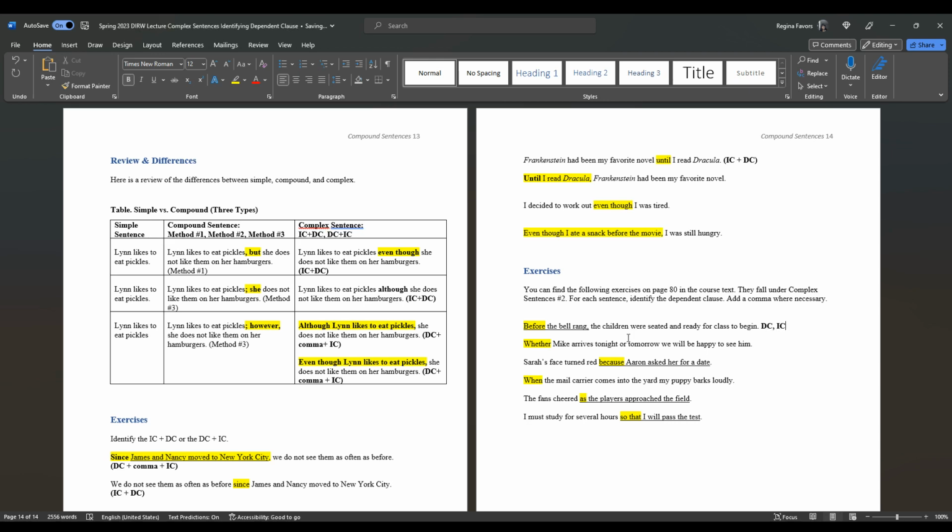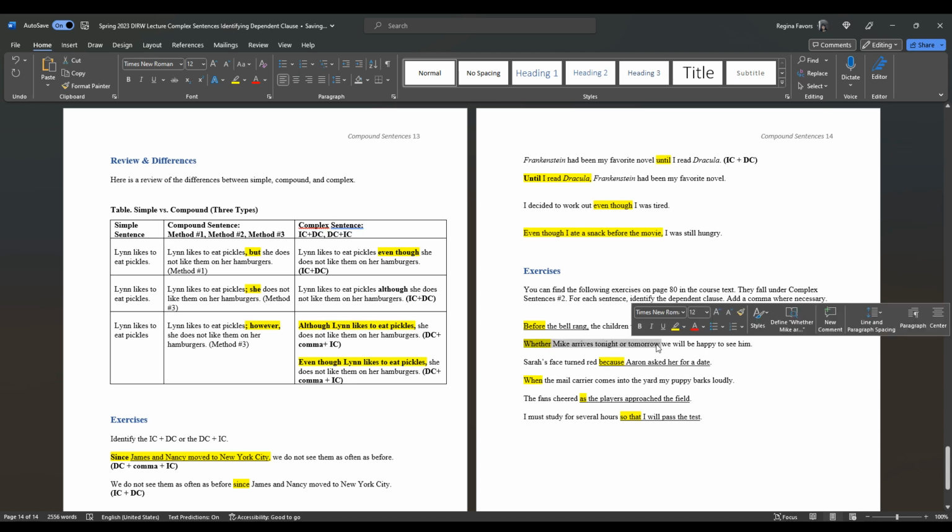Right? DC, comma IC. So then, when it's at the beginning: "when Mike arrives tonight or tomorrow," that's all underlined, and then you add your comma after it.